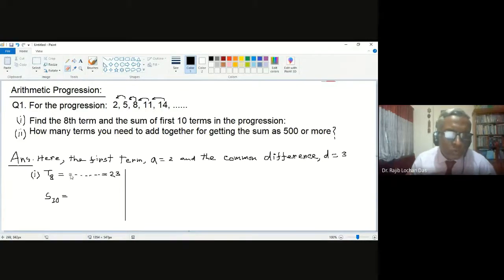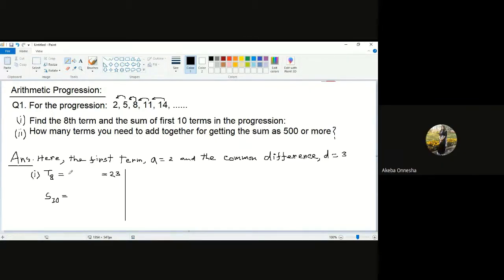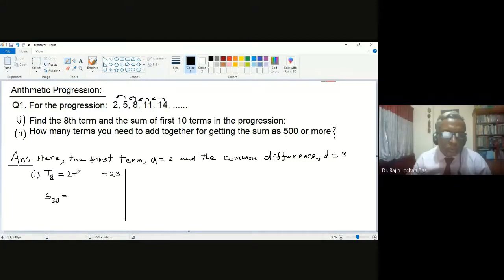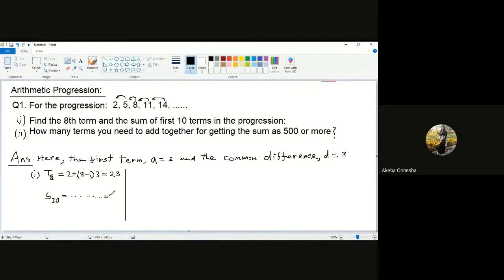So 155. The first one should be 2 plus 8 minus 1 into 3, like that. And the second one also uses a formula, and then what did you get? 155.